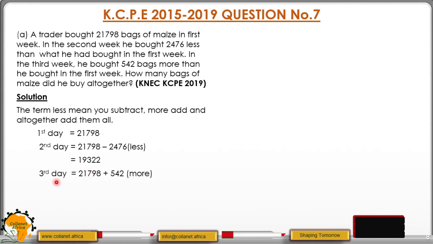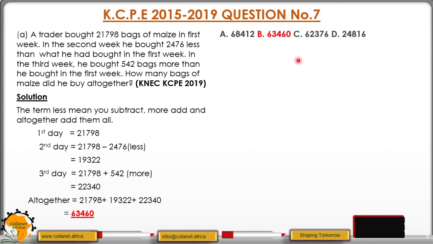In the third week, this was the first week, this is supposed to be the first week plus 542. So you get a total of 22,340. Altogether means adding all of them, the first week, the second week, and the third week. So you add all these and you get 63,460. So our choice is B.